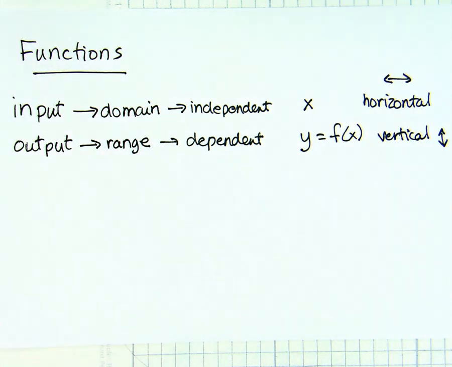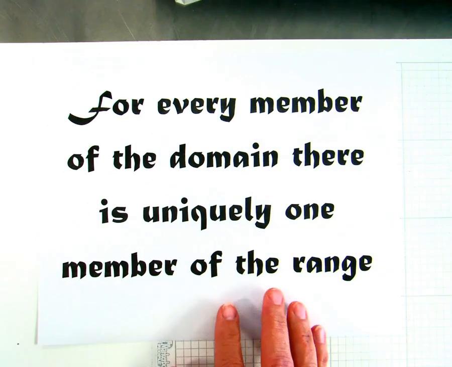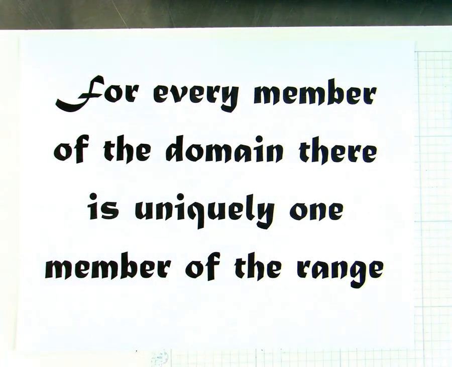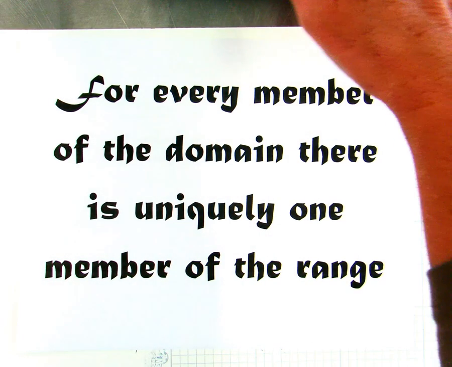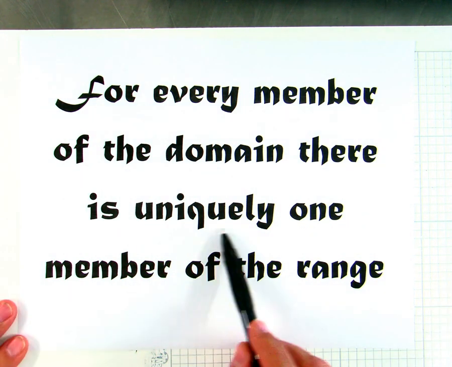Now, something about the function that's really important. Here's a concept that we talk about, and it says for every member of the domain, there is uniquely one member of the range. So, uniquely one. That's a concept that we talk about in math language.